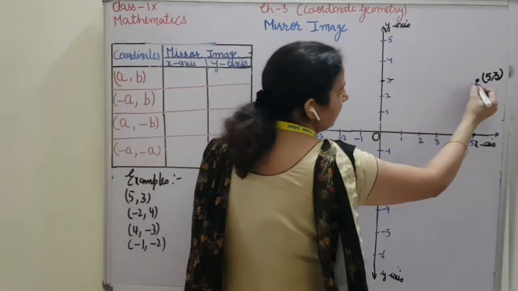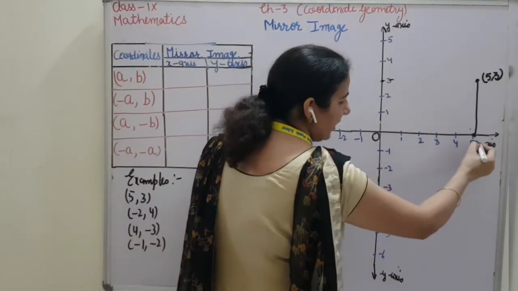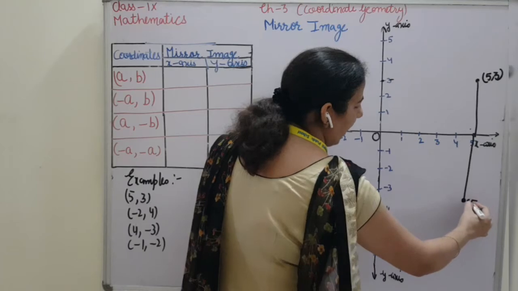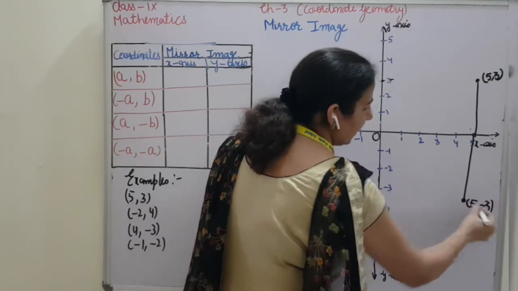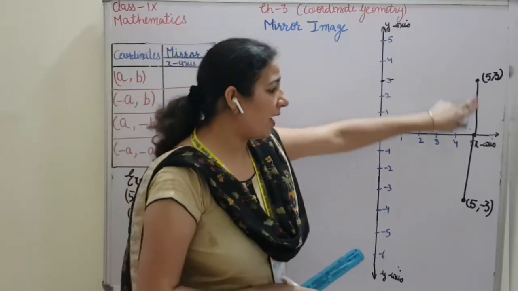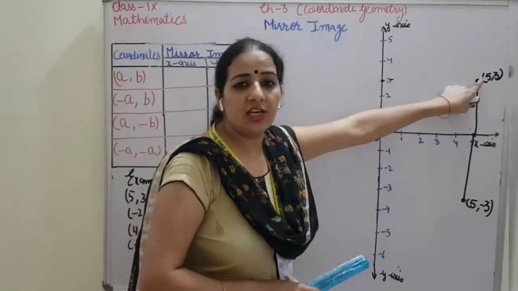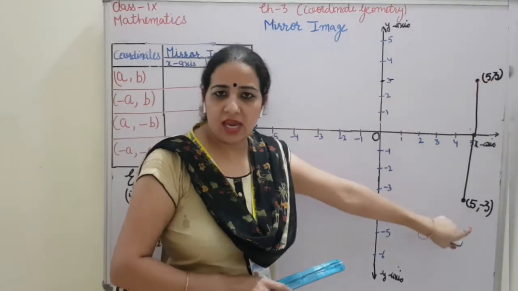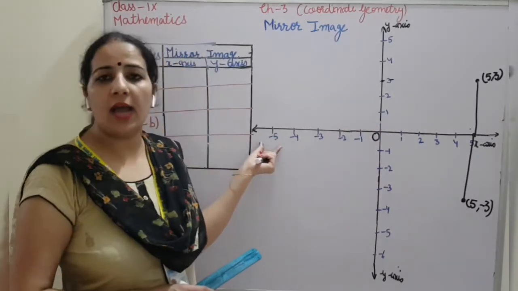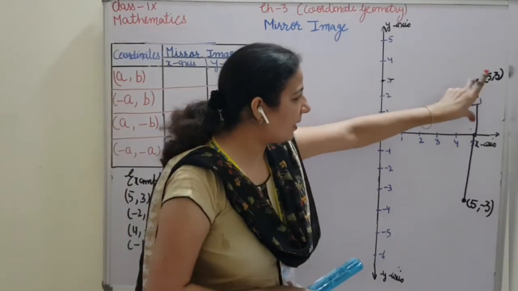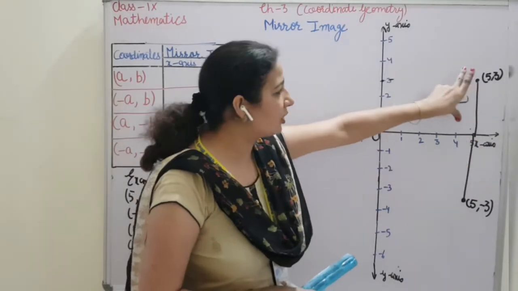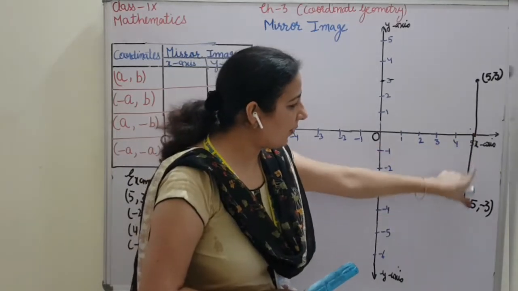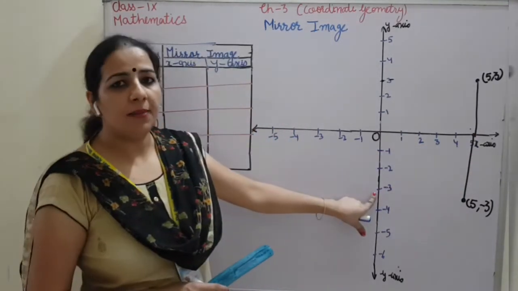So if this distance is 3, then the distance of the mirror image will also be 3, and the point will be 5, minus 3, because the point will look like 5 only on the x-axis. Who will change here? The y point. It means the ordinate will change and the abscissa will remain the same if you want to calculate the mirror image from the x-axis. For 5,3, the mirror image is at a distance of 3, because the perpendicular distance is 3 here and 3 there. So 5 is again 5, but 3 changes to minus 3.